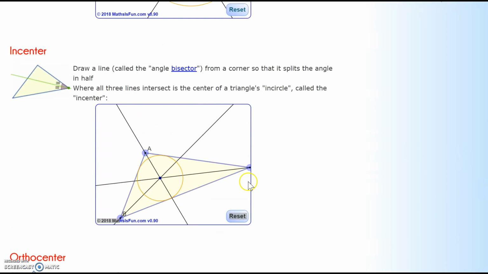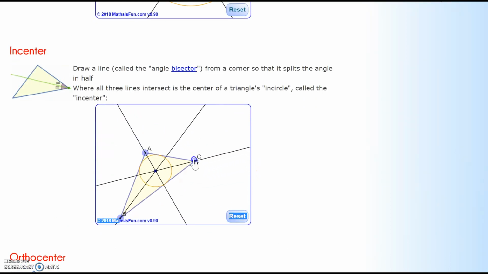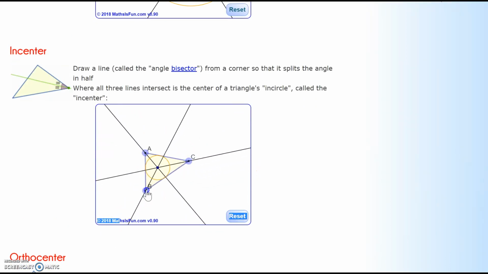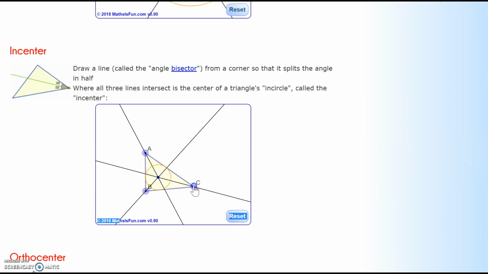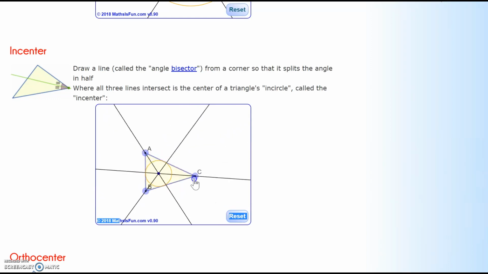See, no matter where we change it, it stays inside the circle, and it always has this circle. So the center, where this point meets, is always going to be the same distance when this makes a right angle.